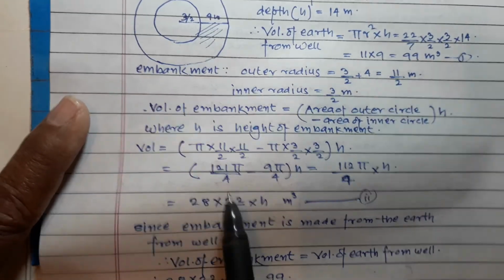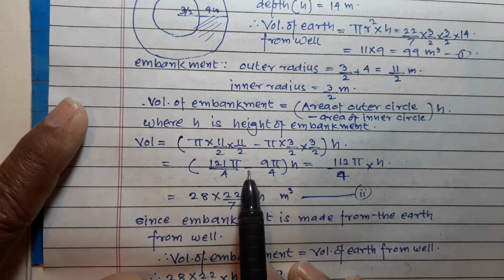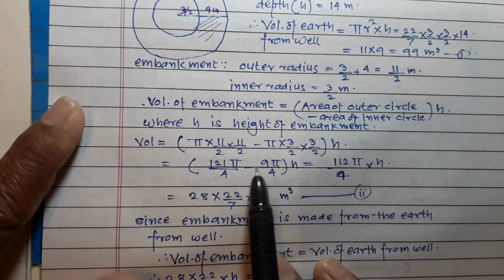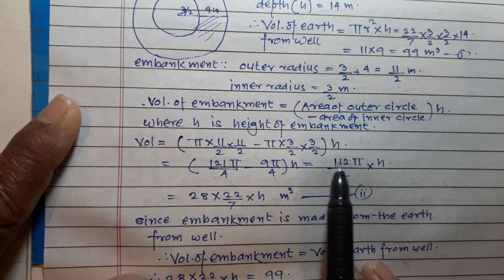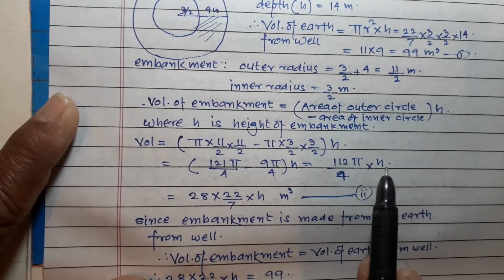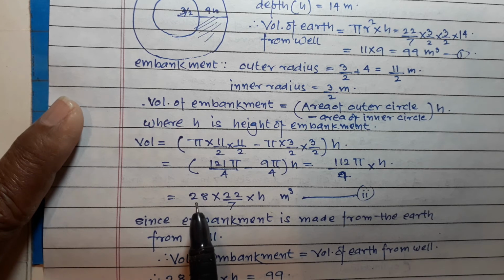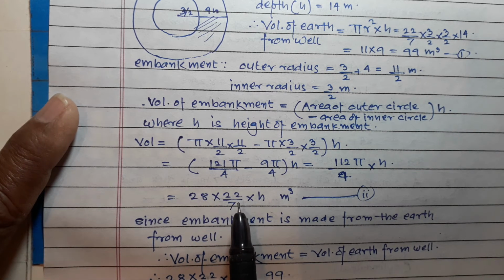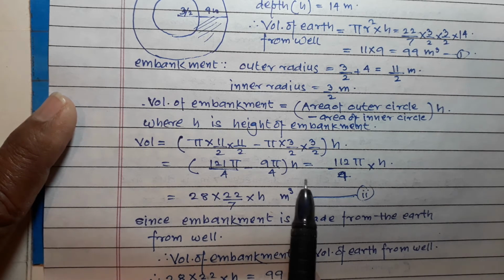Simplify this: 121 pi upon 4 minus 9 pi upon 4 into h. If you simplify this, you will get 112 pi upon 4 into h, and is equal to 28 into 22 upon 7 into h meter cube.